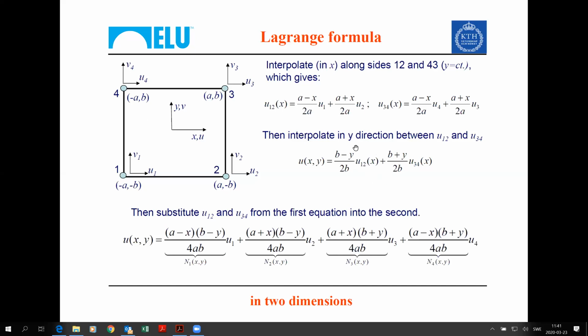We substitute these two expressions in here, and we finally get our approximation for u of x and y is (a minus x) times (b minus y) divided by 4ab times u1, so this will be N1, (a plus x) times (b minus y) divided by 4ab times u2, and this will be N2. N3 and N4 will follow with these expressions. So now we know the interpolation functions for this element. The same interpolation functions apply for v, of course.